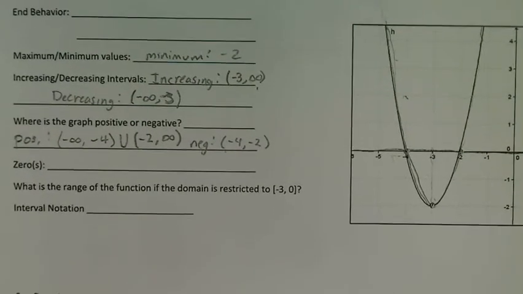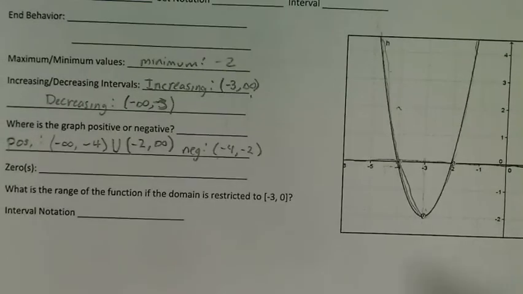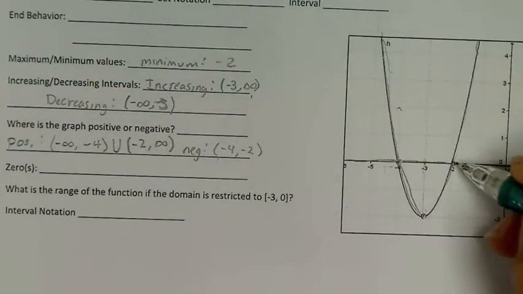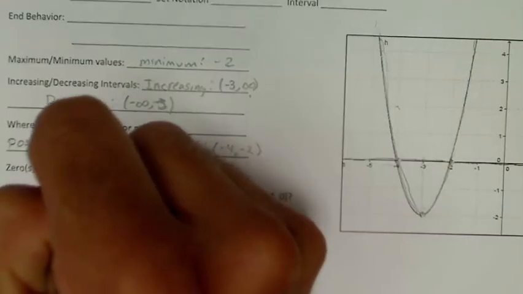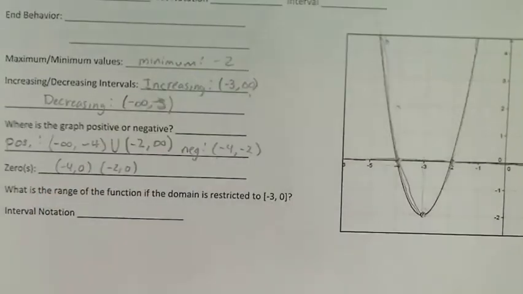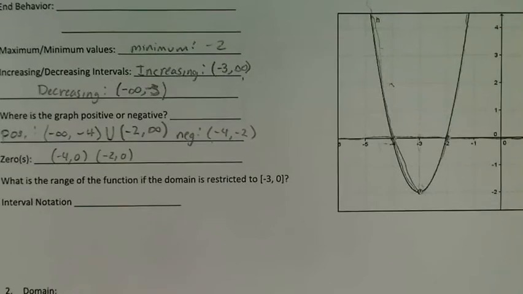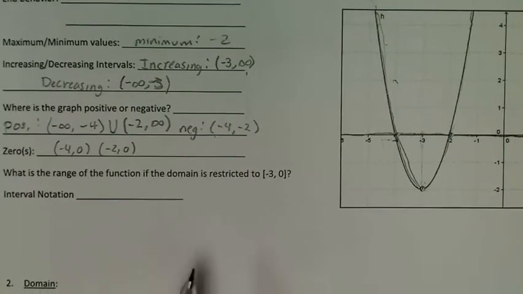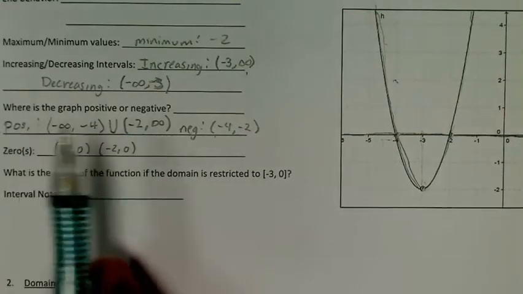So our zeros are what in this problem? Well, it's where it crosses the x-axis, so it's -4 and -2. All right, and there's my zeros. Now you should be able to find the zeros given the intervals where the function is positive or negative.